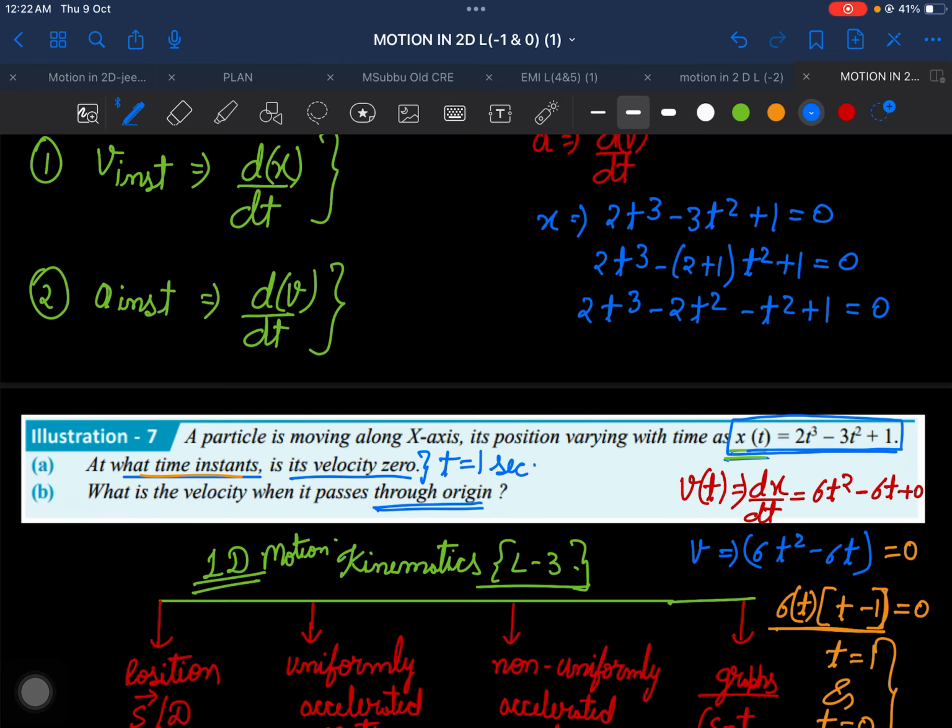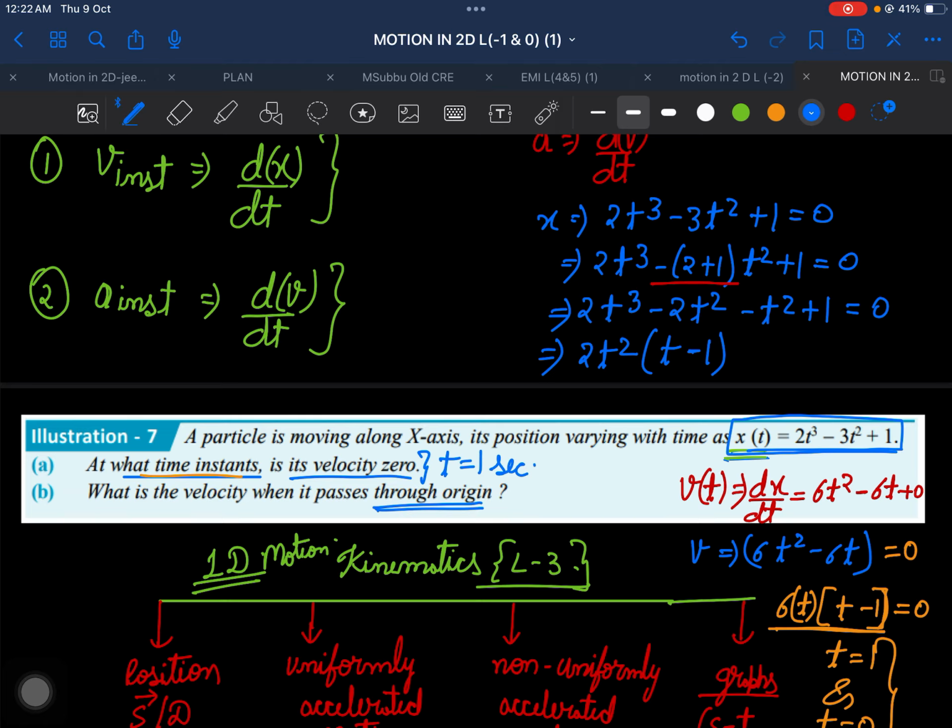Just check. The middle term splitting method, you know this all from mathematics, right? In the next step, what we can take common here is 2t square, and it will become t minus 1. Clear? This is fine for you, right?